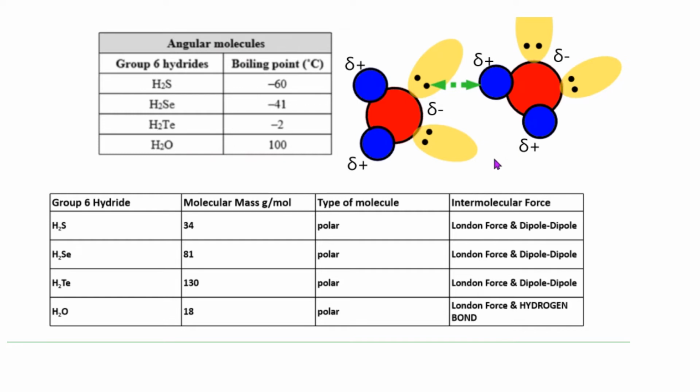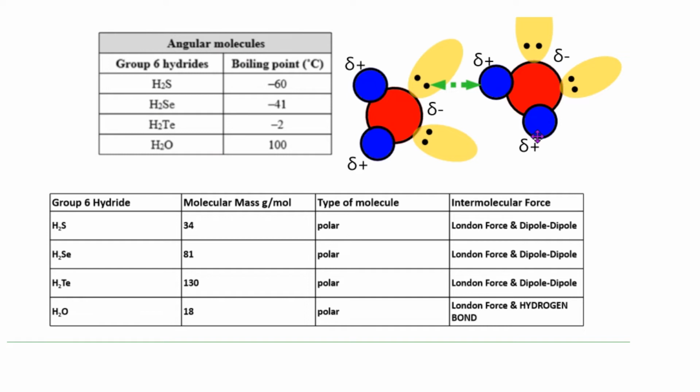So there's a difference in electronegativity between the elements in group 6 and the hydrogen, and so we get a polar covalent bond. So we get a slightly positive and a slightly negative side to the molecule. And also, because it's in group 6, we've got these 2 lone pairs. And because of those 2 lone pairs, the lone pairs repel the electrons in the bond. And so what happens, it's not a linear molecule, it is an angular molecule.